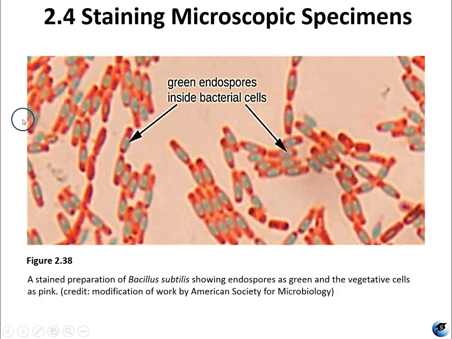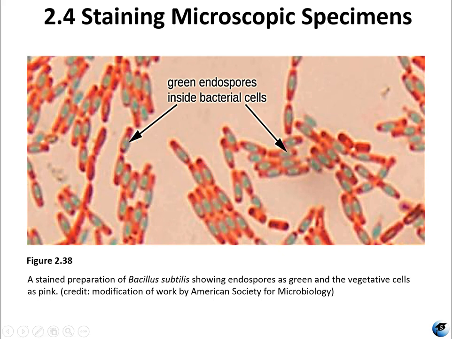An endospore stain is a totally separate differential staining technique. But it basically consists, similarly to the gram stain, of a primary stain, a mordant step, a decolorizing step, and a counterstain. In this case, the endospores end up green because of the primary stain, malachite green.